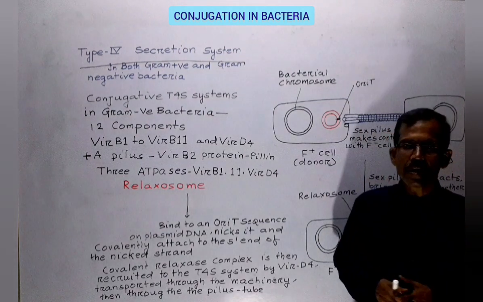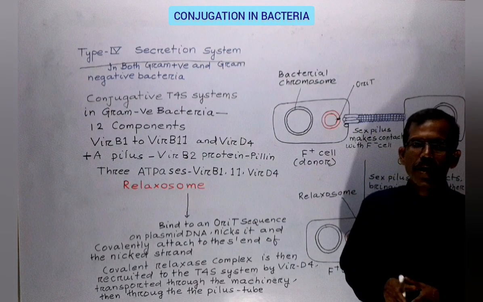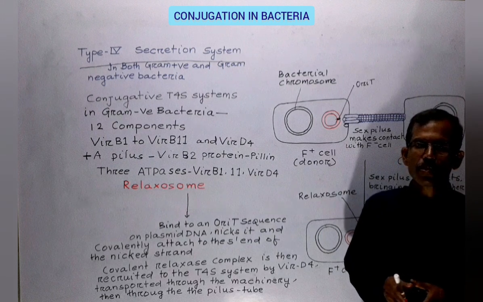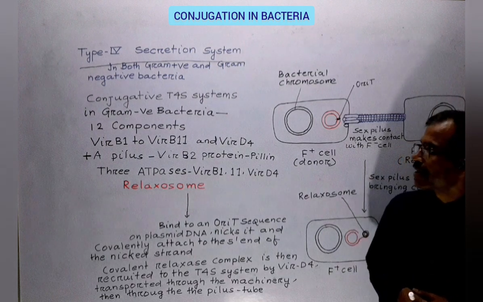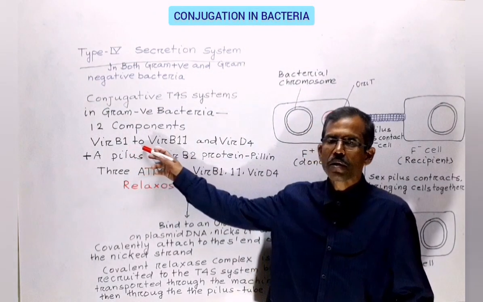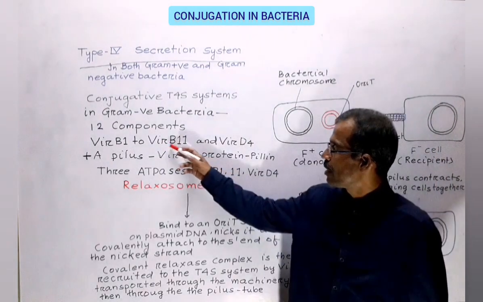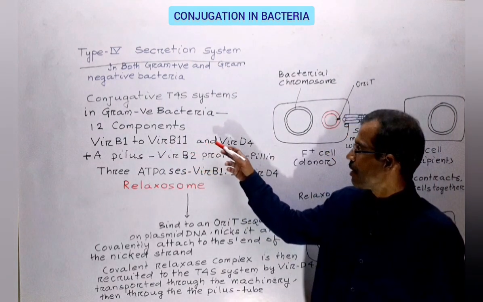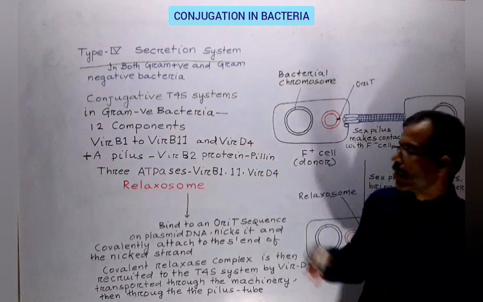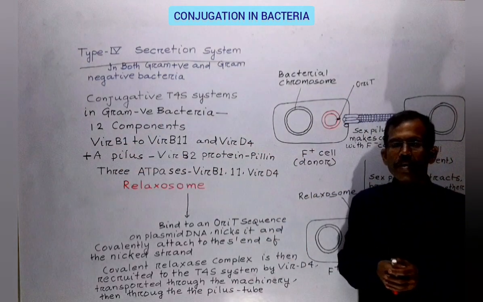A conjugative type 4 secretion apparatus in gram-negative bacteria is composed of 12 components that are termed VIR-B1, VIR-B2, B3 and so on up to VIR-B11 and VIR-D4. All these components form a multi-megadalton assembly.